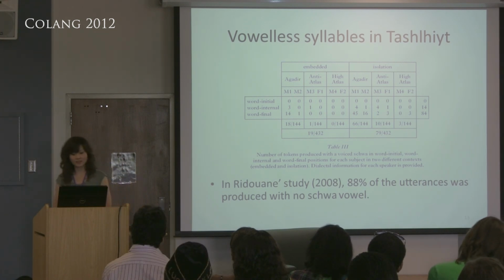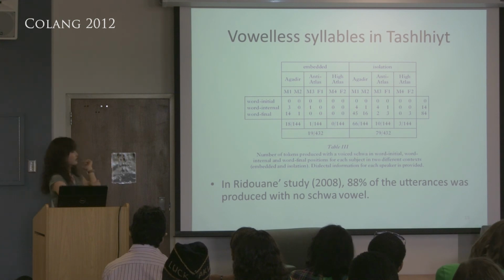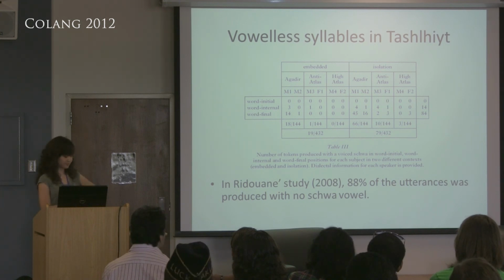But considering that Absama had a vocalic element in every word from his paper, that would be my next job, to have more Tashlhit speakers and see what's going on. It might be just his idiolect as one speaker, but I want to see what's going on as a dialect, as a group of speakers. That would be something interesting for me.